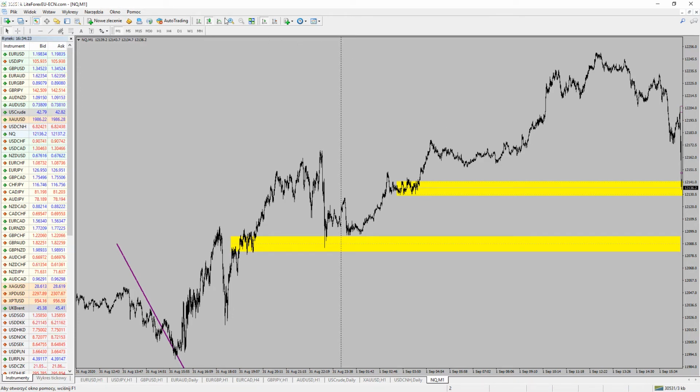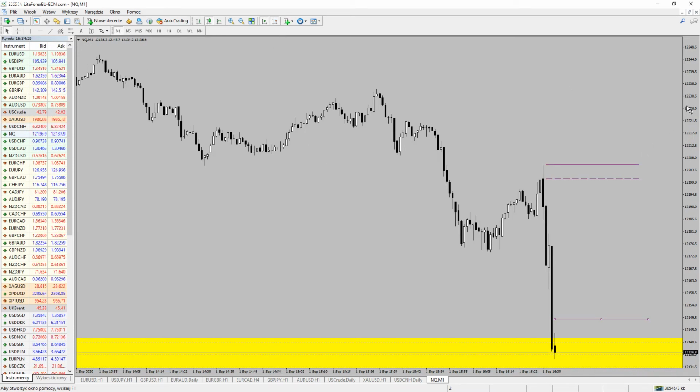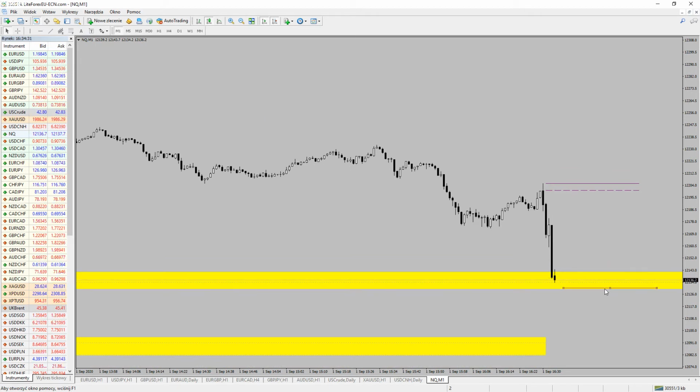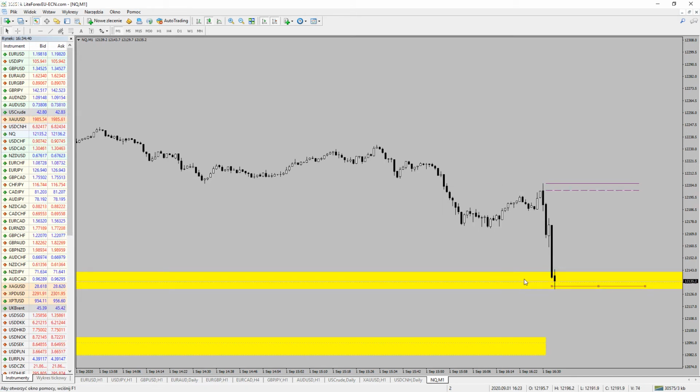But looks like the first 5-minute trading range is quite wide, so that might produce a nice tradable setup. We'll see. Yeah, 70 points, 70 plus. Good. We will see.